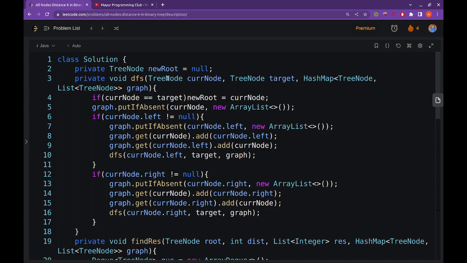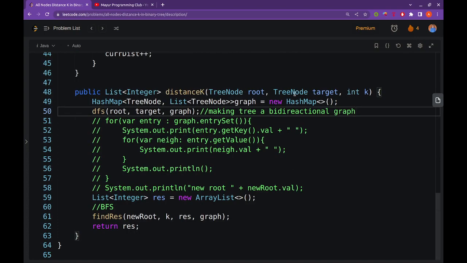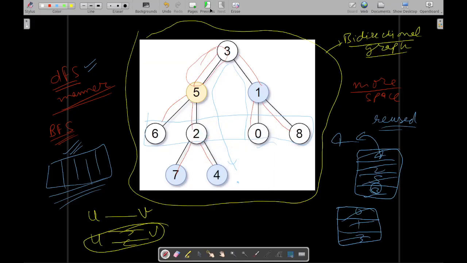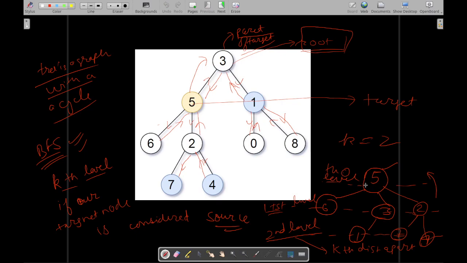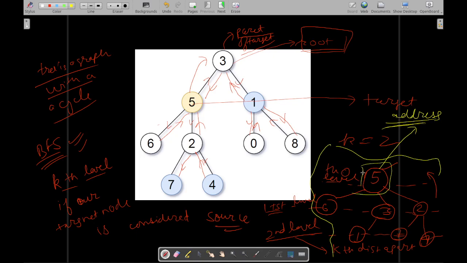Along with adding links, we are finding the target node in the tree, which we would be using when we find the nodes at the kth distance. For this part, we would need the address of this node. So while adding links, we will also be finding this and storing it in a global variable.